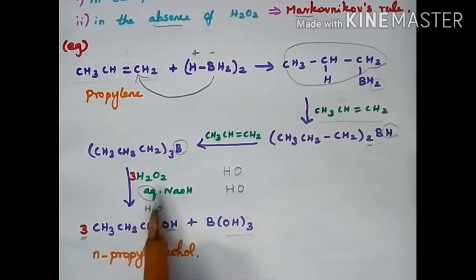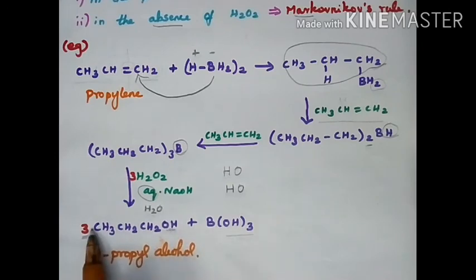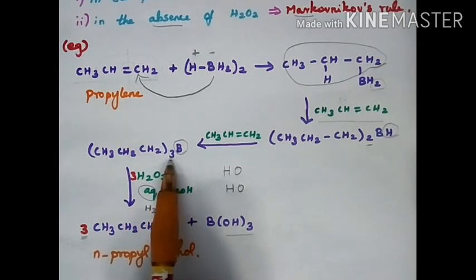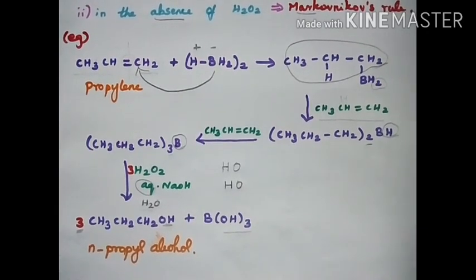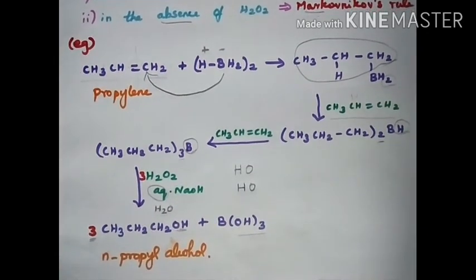And the remaining 3 OH groups go and attach with the 3 alkyl groups, no? So 3 OH groups. This is n-propyl, totally 3 carbon atoms are there. So n-propyl. What is our functional group? Alcohol. So these are the first 2 preparations.